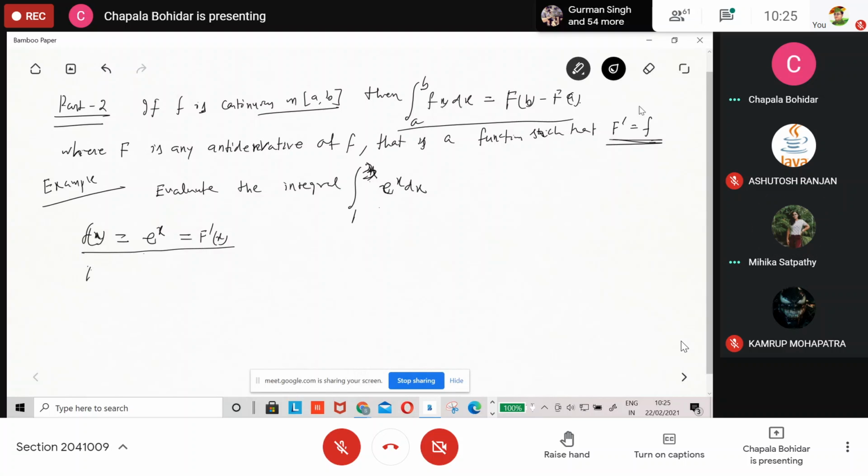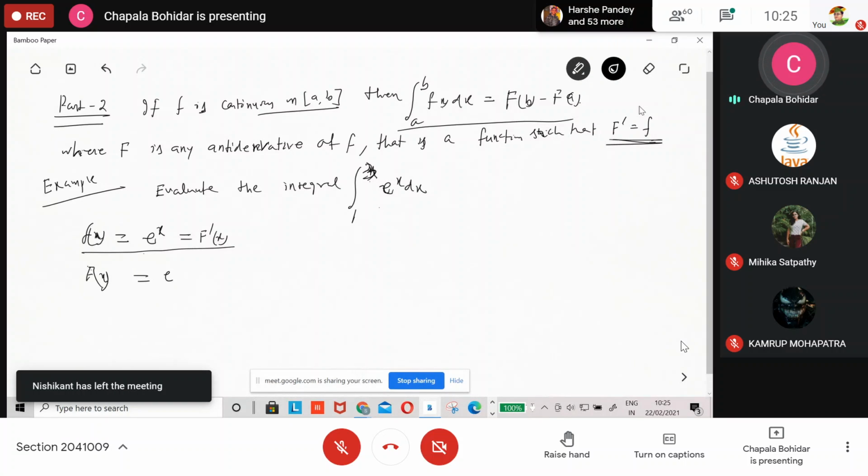Okay, so now f(x) is equal to, by integrating, what do you get? That is again e to the power x.